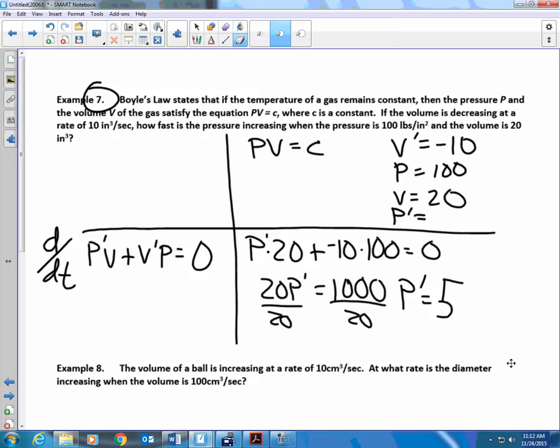Now, I'll admit, although I feel like I'm a fairly intelligent individual, I don't remember how to put a label for pressure. But if I look back in the problem, it looks like pressure is pounds per inches squared. So I'm going to write pounds per inches squared. But this is a rate with respect to time.